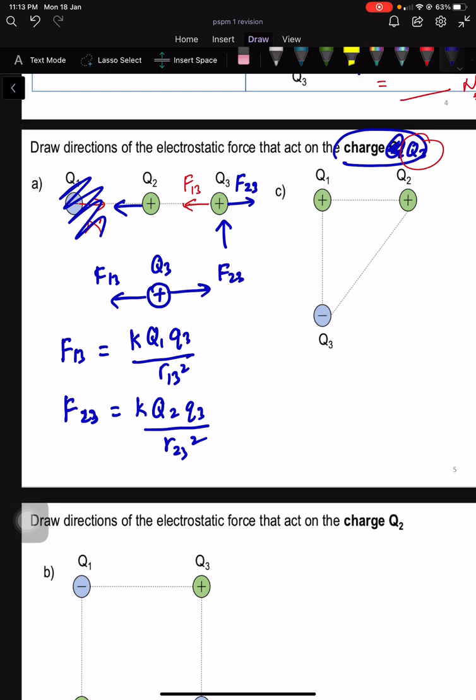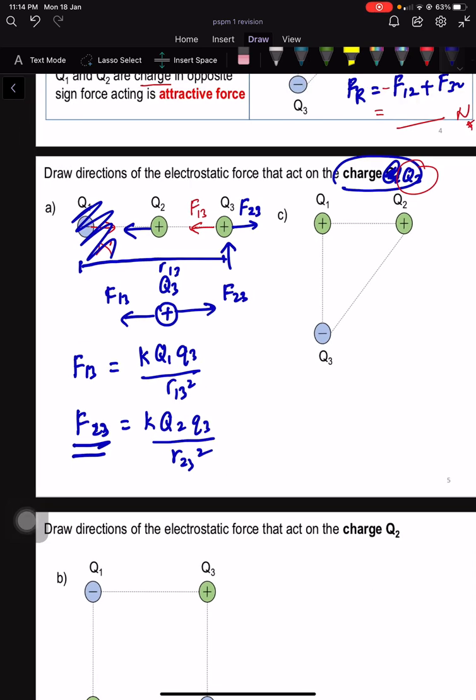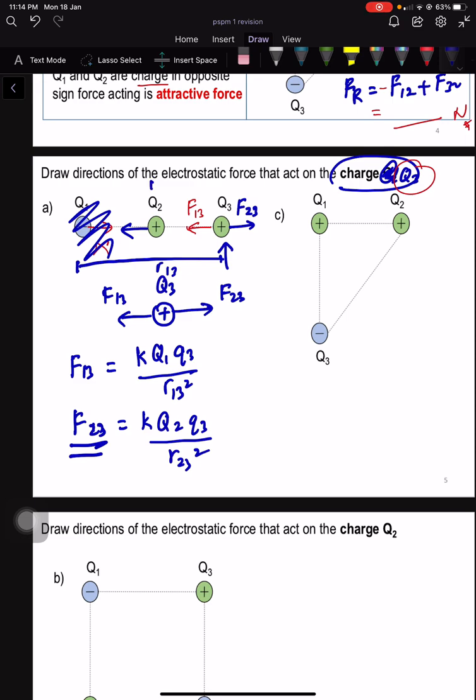So you just substitute the values of Q1 and Q3. Q1 is negative, right? So you do not consider the negative sign. You just put in the value. R13 is the distance from here until here, 1R. R13 is to the power of 2. For F23, Q2 is positive, Q3 is positive, and R23 is the distance between charge 2 and charge 3. And then you can calculate.